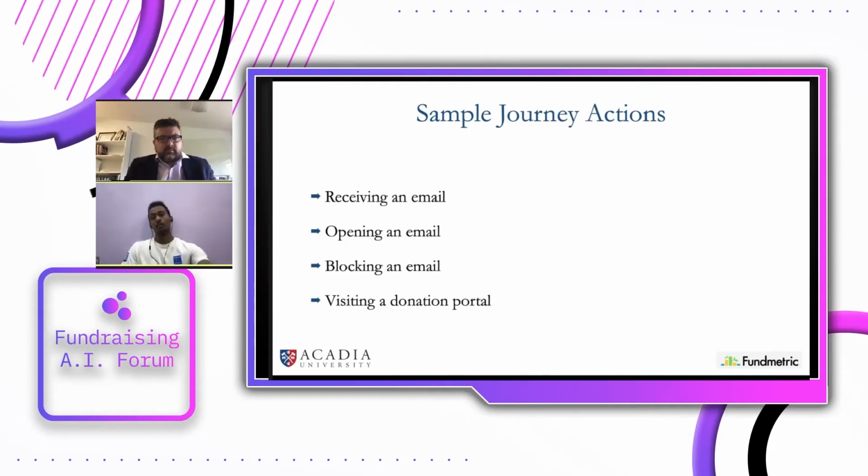The next one would be blocking an email, which is clearly a negative action we should be avoiding. And finally, visiting a donation portal. Generally, this is the last step before a donation is made. When a constituent gets to this point but does not donate, we want to learn what push they need so that they can possibly make a donation.